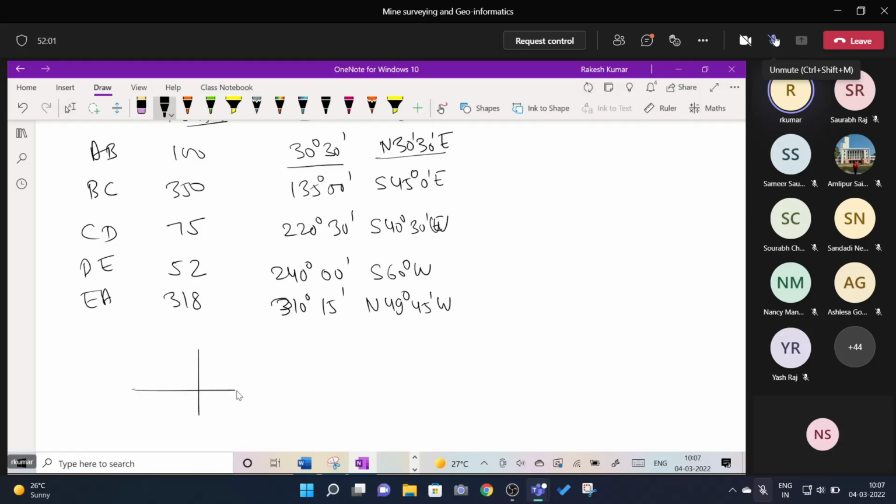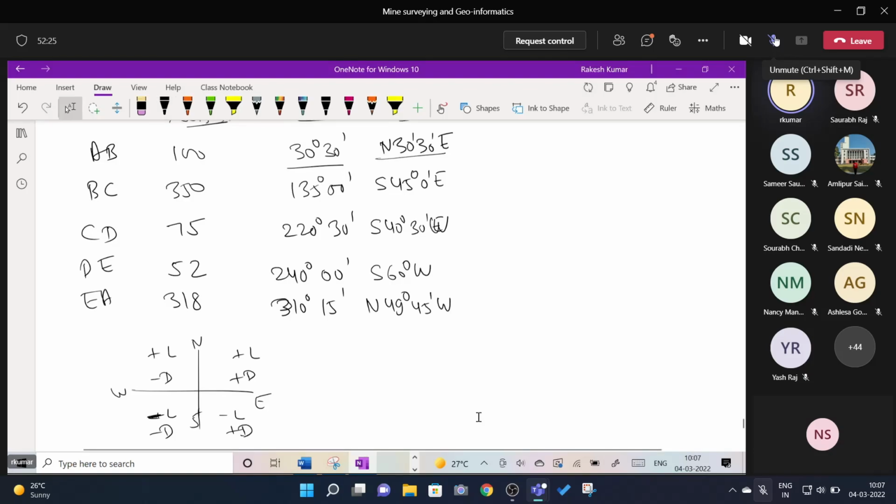So quickly I can write here north, south, east, west, minus L, plus D, minus D. Don't waste so much time on this one.